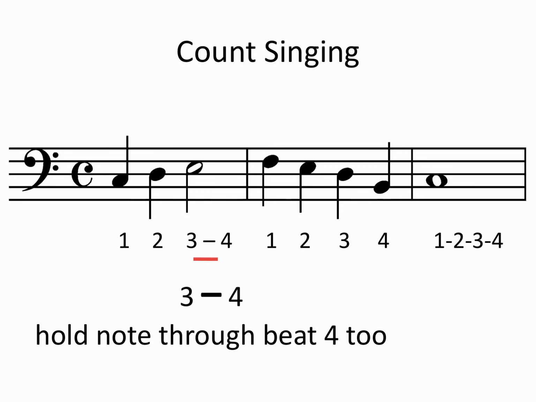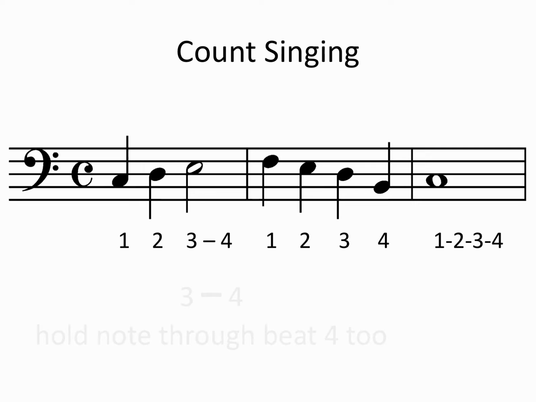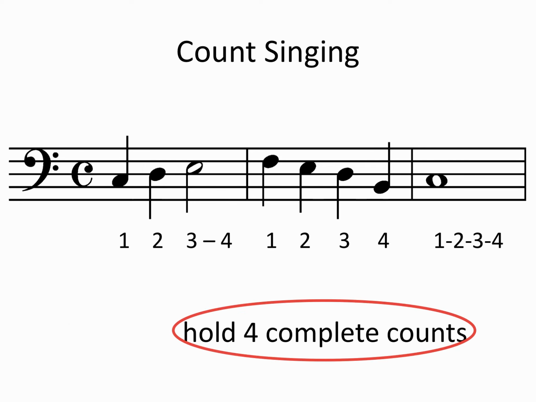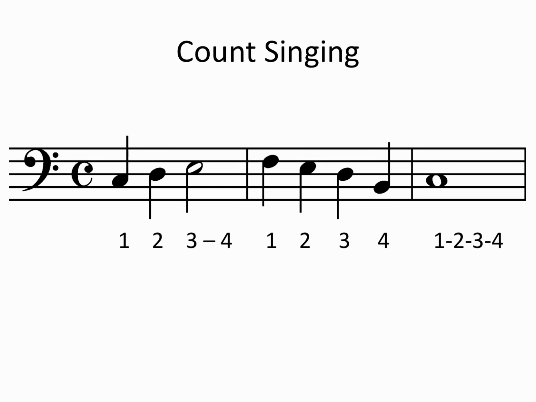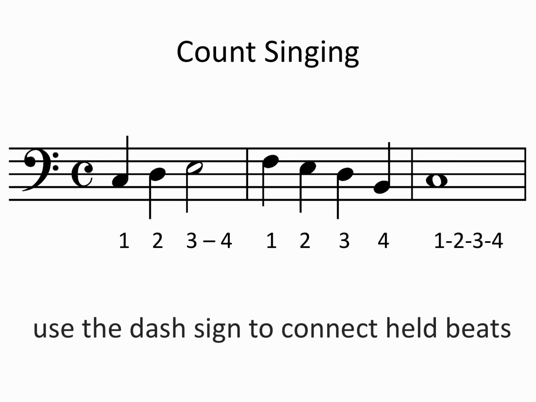You hopefully also noticed that for notes lasting more than 1 beat, I said all of the included numbers, staying on the same pitch where the note began. In this way, I continue to mark the beats passing by in time. In writing out how to count sing, use the dash sign to connect held beats.